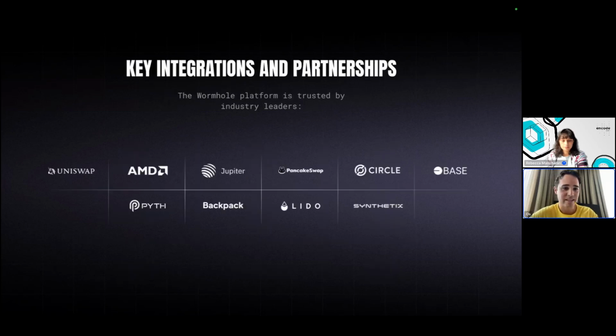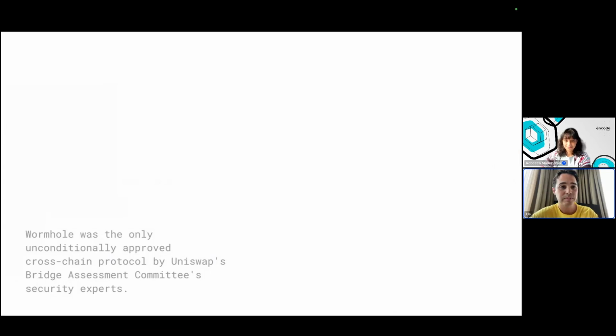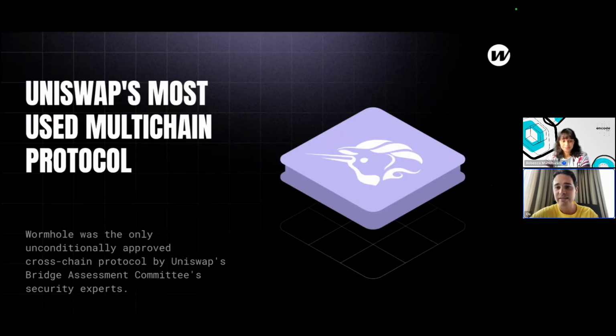And again, these are some of the key integrations that we have going. I'll talk more at length about some of the queries integrations shortly. We're very lucky to be working with some of the best across the space as well. And yes, Uniswap has just deployed its 7th governance deployment using Wormhole messaging.